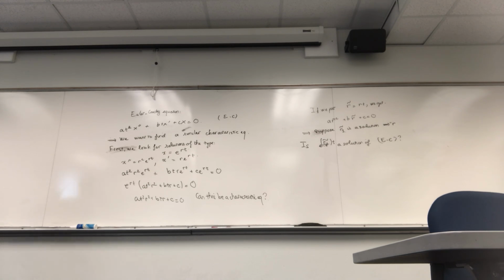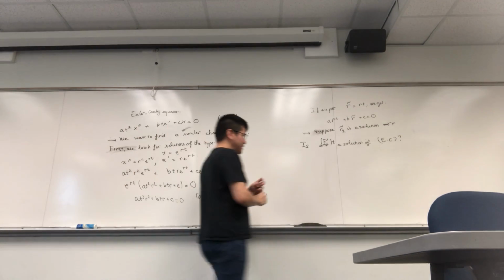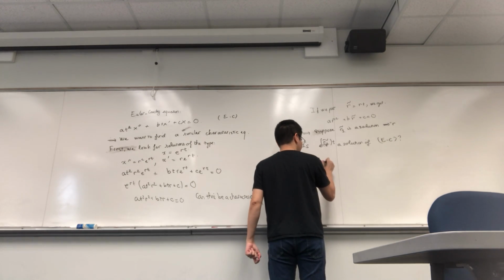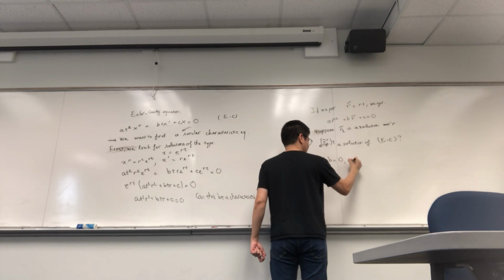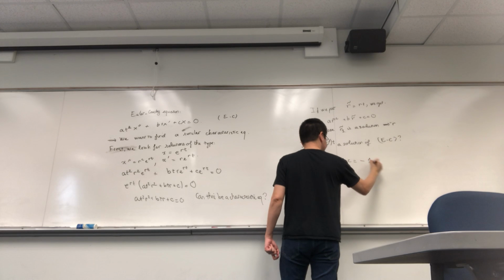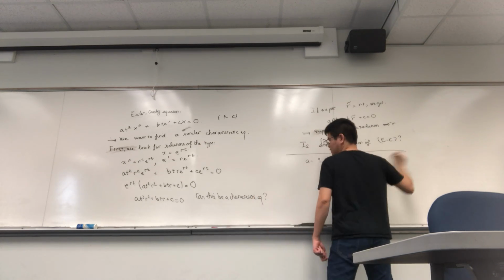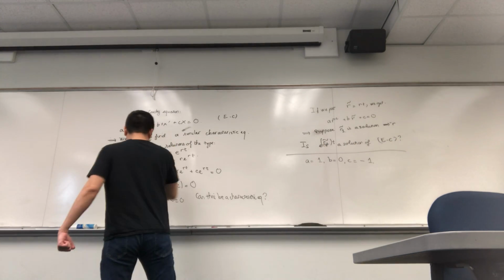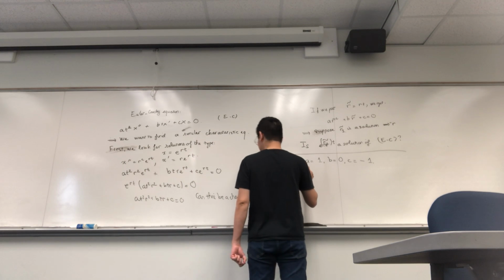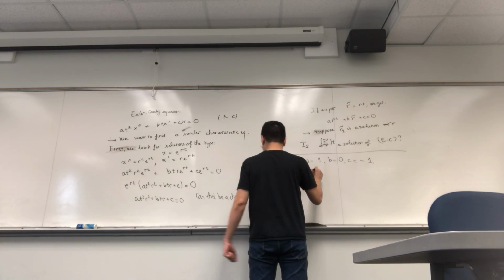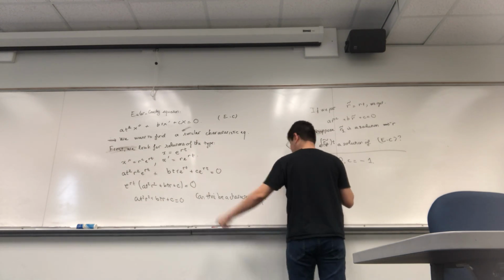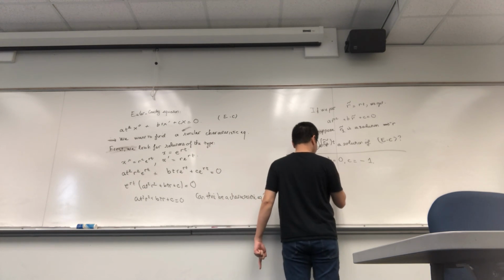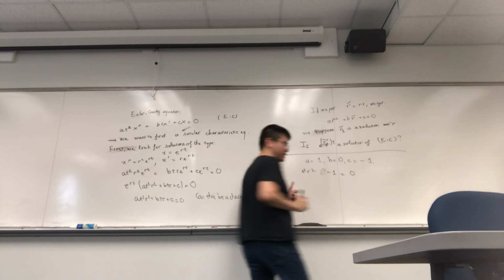So I give you a special case. A is equal to 1, B is equal to 0, and C is equal to minus 1, right? So in this case, what you get is t squared r squared plus 0, so minus 1, equals 0.